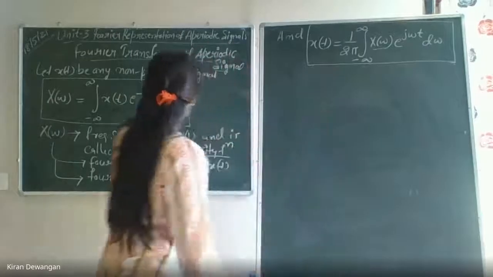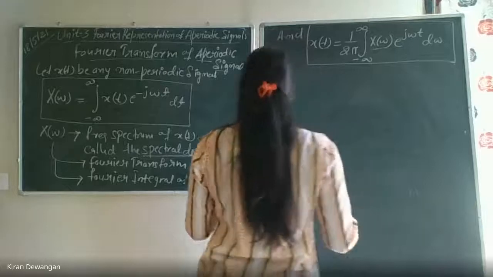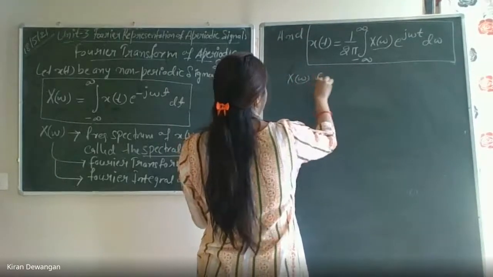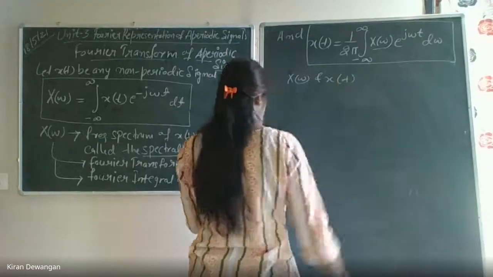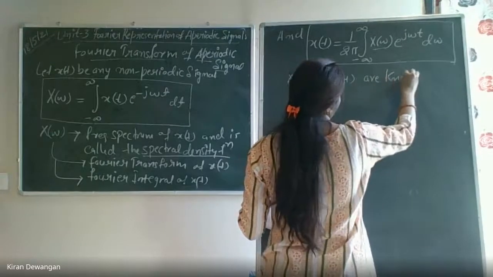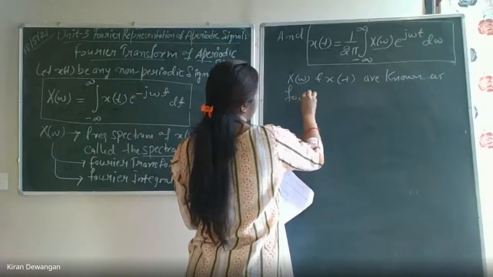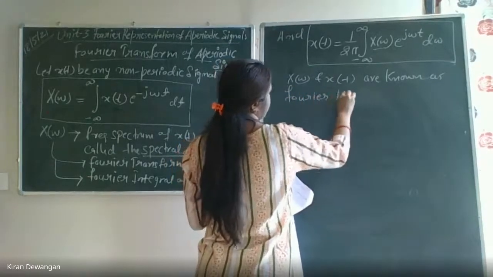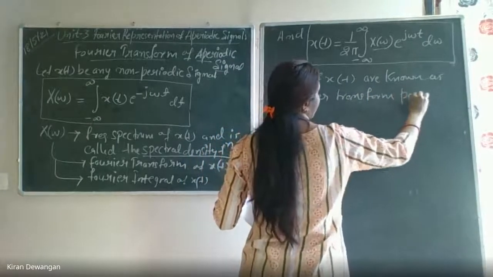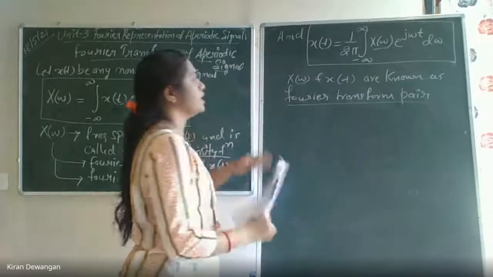Now both the formulas, x omega and x of t, are known as the Fourier transform pair. Definitely there will be a pair.